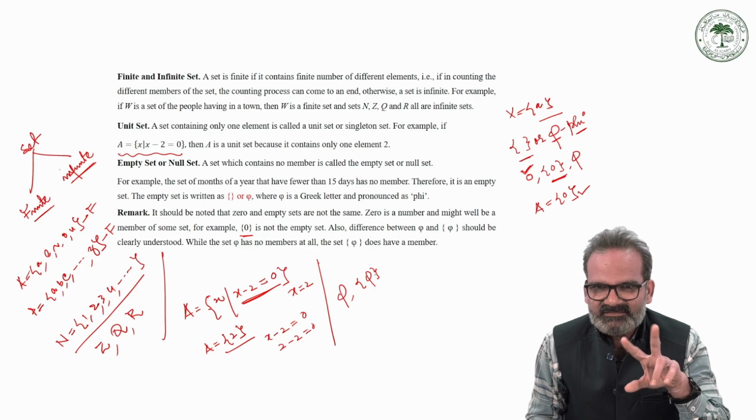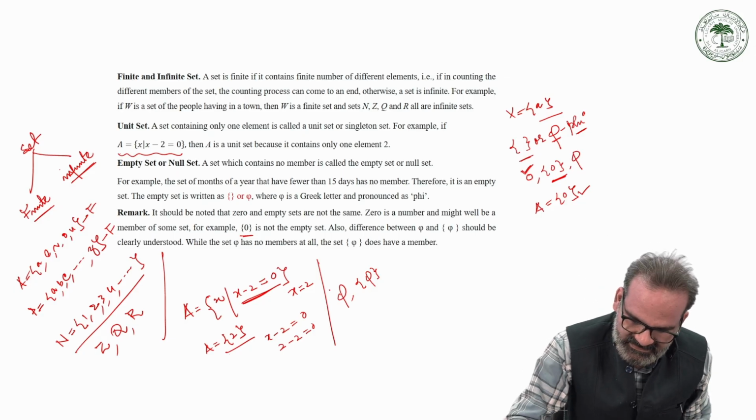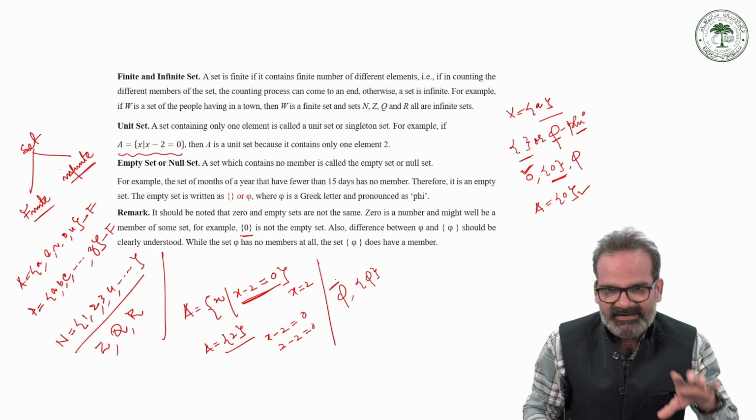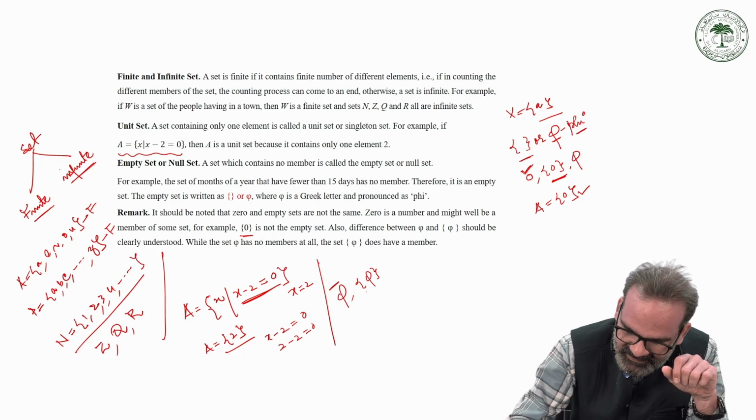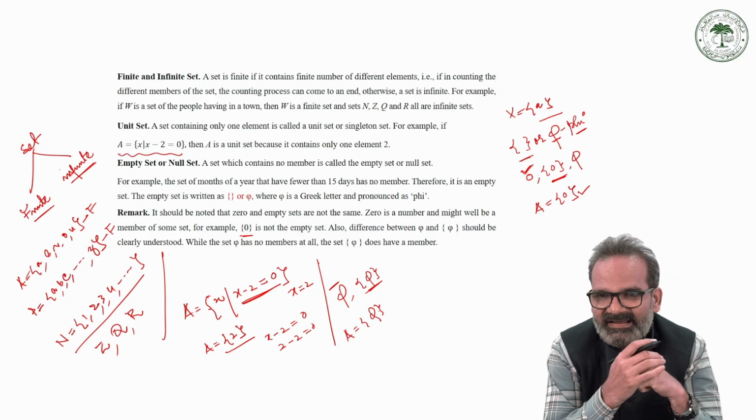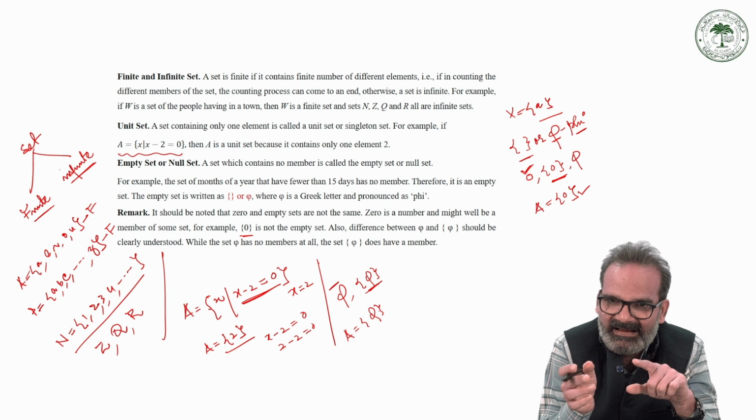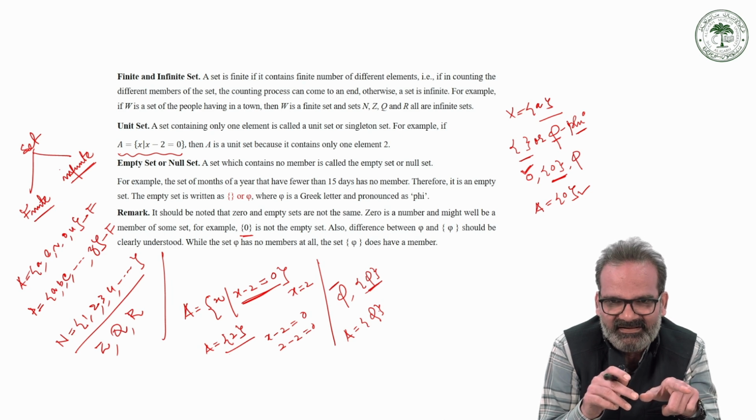Are you getting the difference between these two? This is the notation of an empty set, phi. But if we write A equals {phi}, now phi is treated as an element of the set A. So A is a set having only one element, phi.